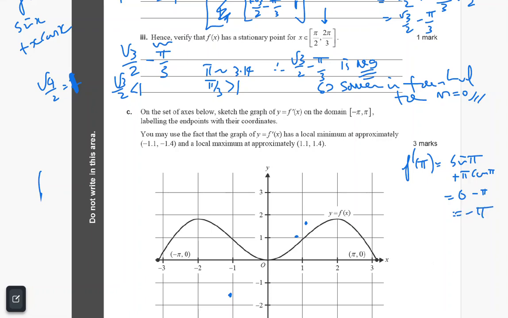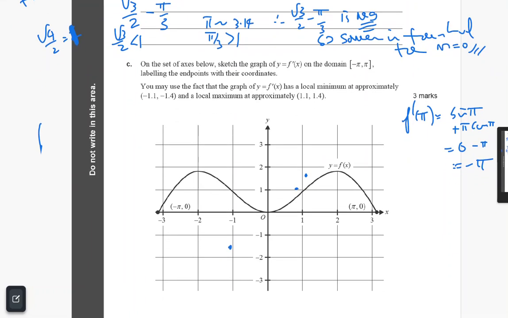So we are down at pi and minus pi, we're down here. And f dash of minus pi will be sine of minus pi, which is 0, plus minus pi times the cos of minus pi, which is negative pi times negative 1, which gives you positive pi, 3.14.